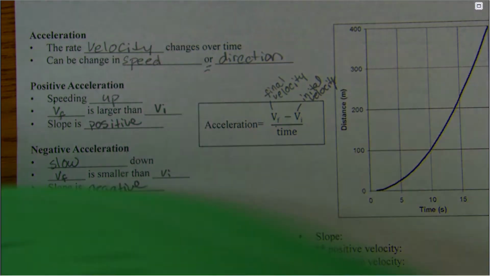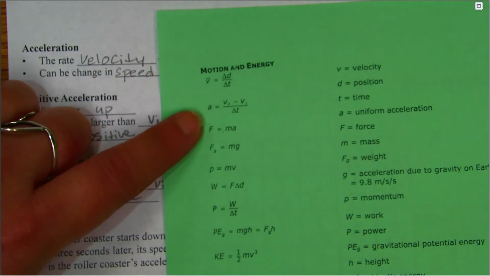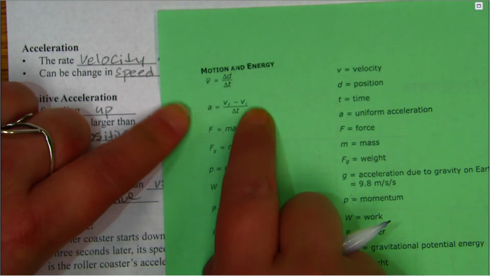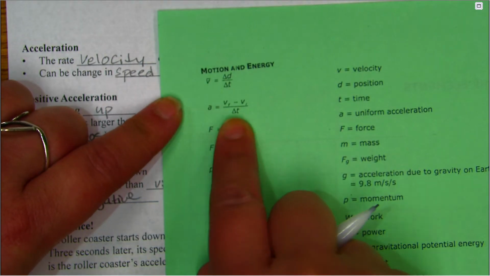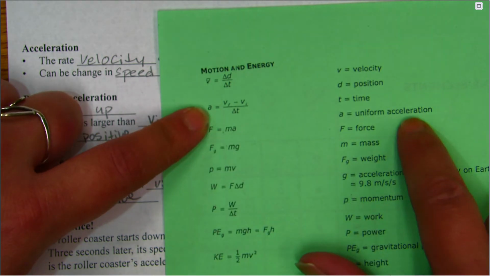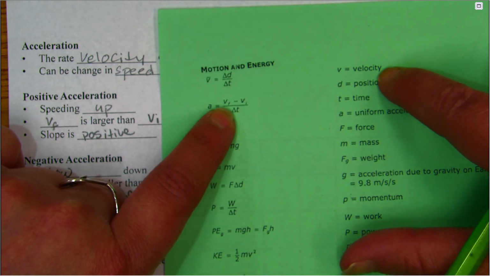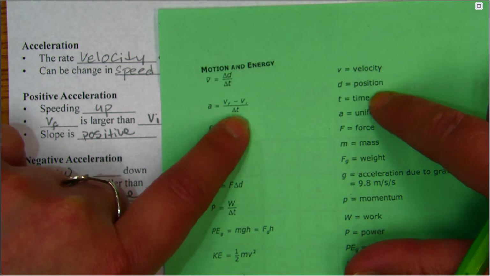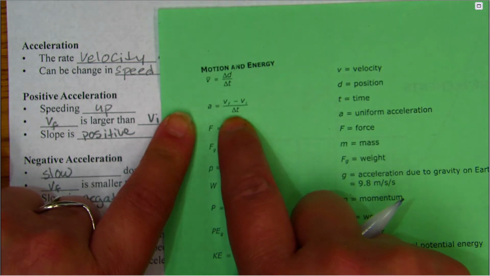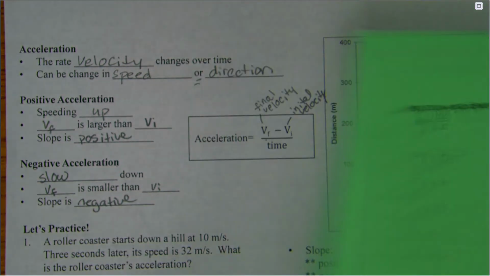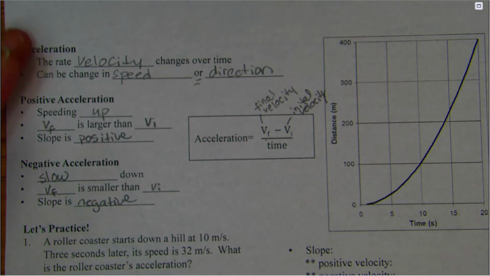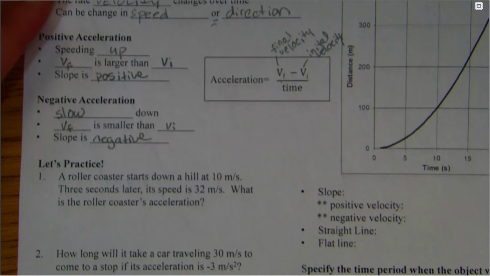Now, this is not an equation you need to memorize because it is the second equation on your reference tables, where A is acceleration, and we've already defined that V is velocity, T is time, and again, remember that triangle means a change in. So let's do some practice problems.